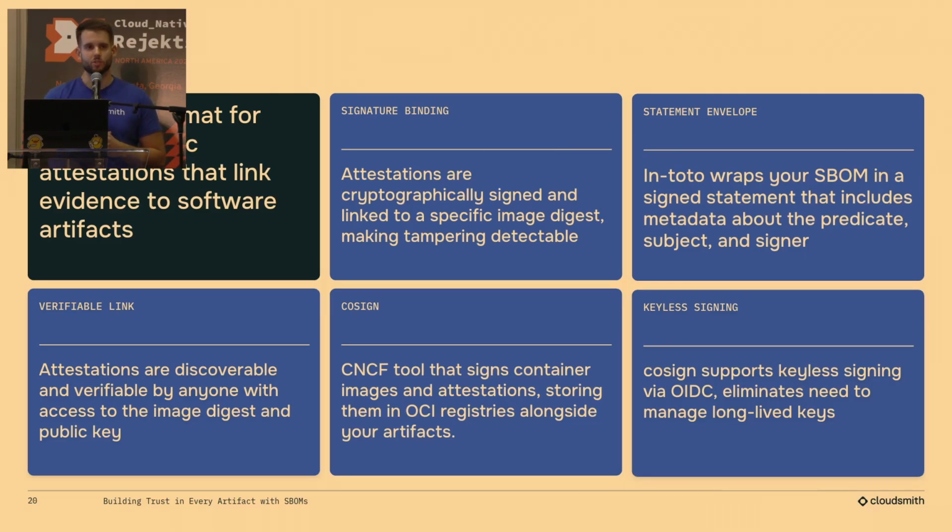And the way that it works is by using DSSE, which is the easy way of creating what's called a signing envelope. And in-toto is going to get that SBOM that you created, wrap it around, envelope it, and then sign that envelope. And as part of that envelope, it's going to include things like metadata about the predicate, the subject, and also who signed it. And all that information is what you're then going to be using for verifying that signature.